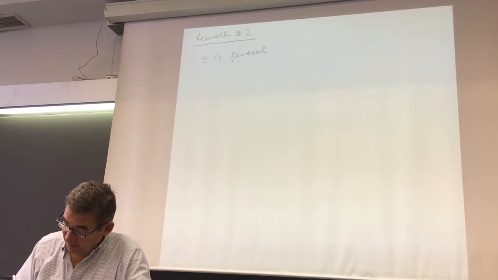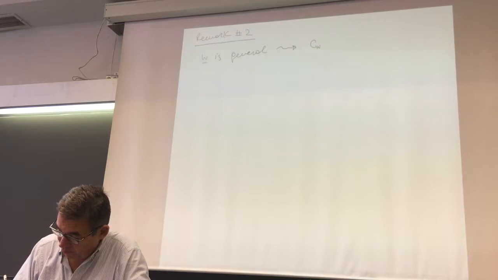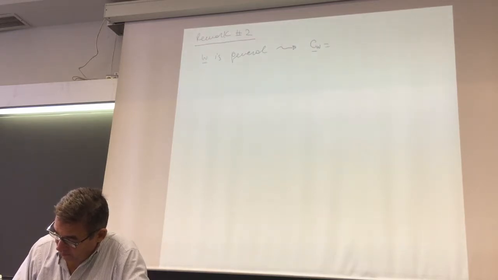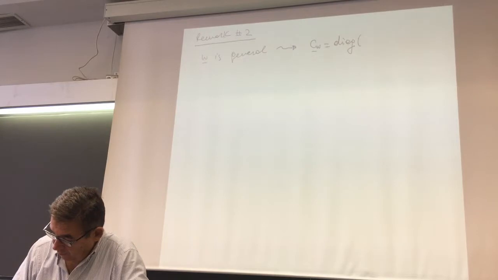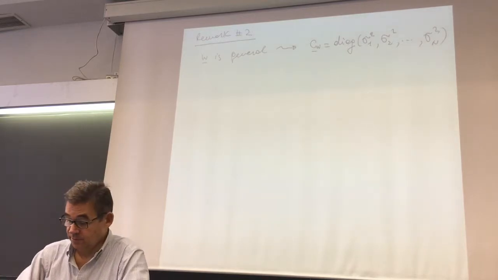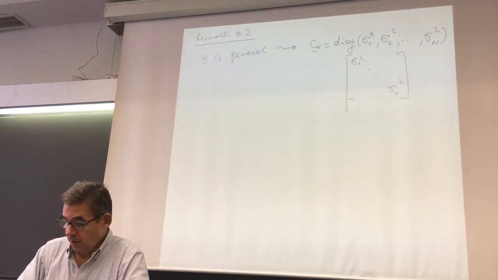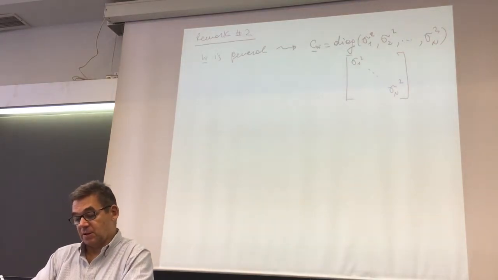And let's imagine that these samples are characterized by CW, which is just a diagonal matrix: sigma 1 squared, sigma 2 squared, up to sigma n squared. This is the structure I'm talking about. So let's assume this behavior.